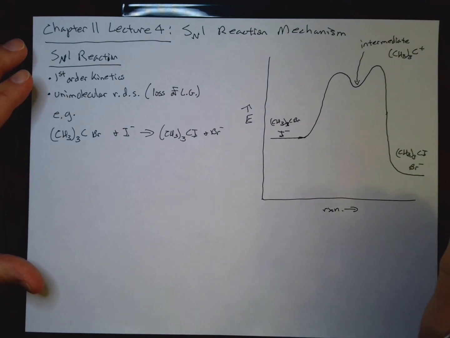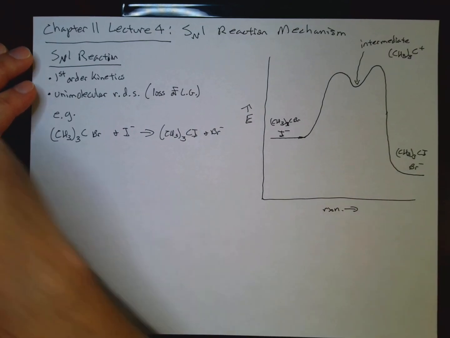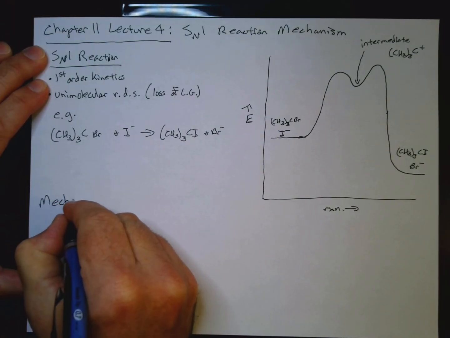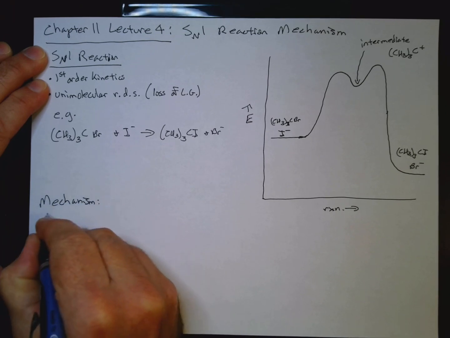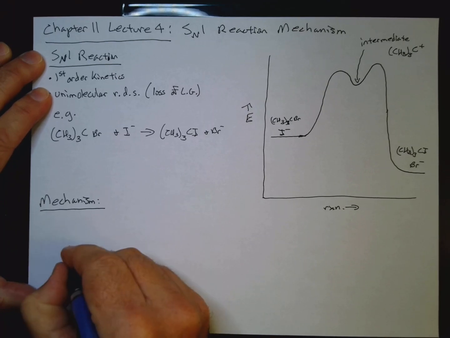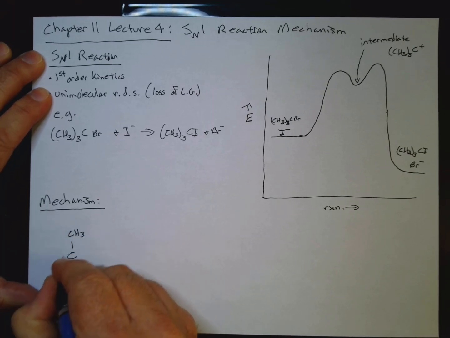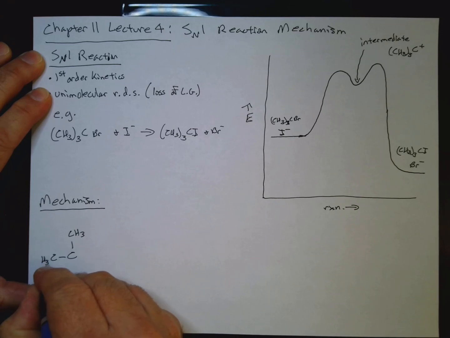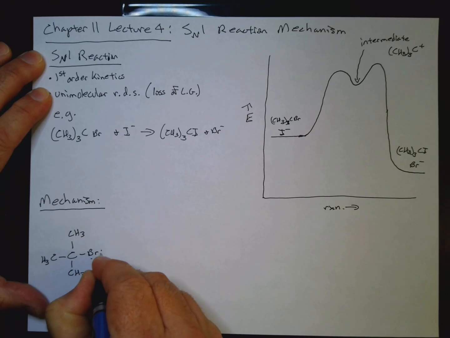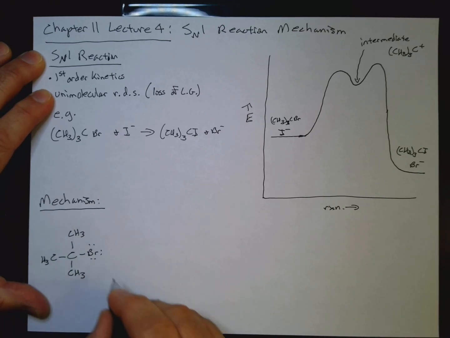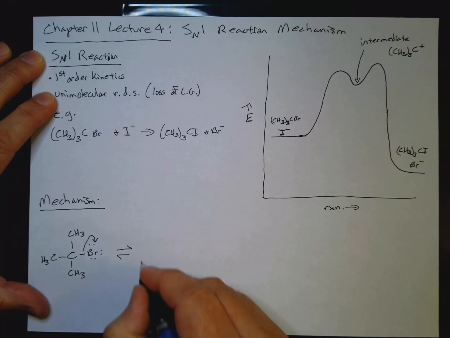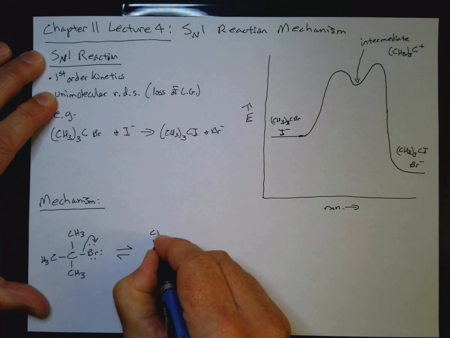Okay, so what does this mechanism look like? Well, let's start out here with our t-butyl bromide. And the first step is our loss of leaving group. And that's going to be our rate determining step.